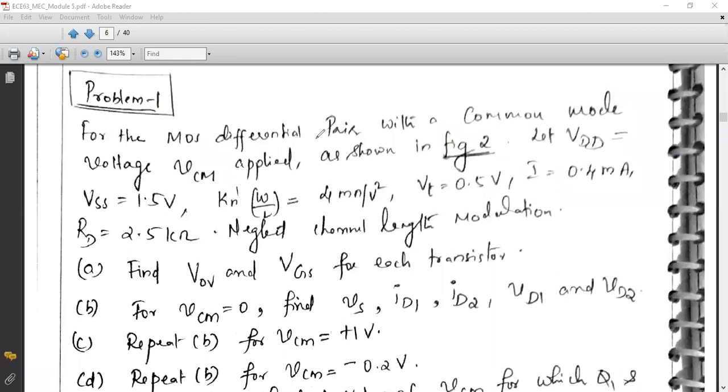For the MOS differential pair with a common mode voltage VCM, VCM is your input that is given in common mode. Let VDD equal to VSS equal to 1.5.